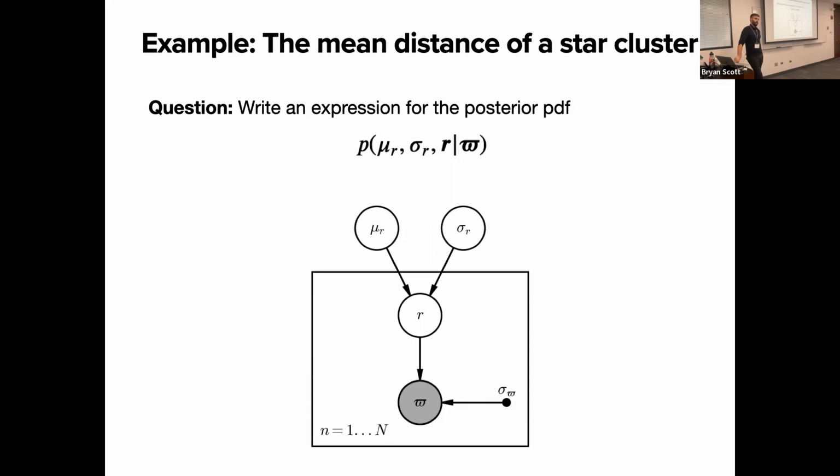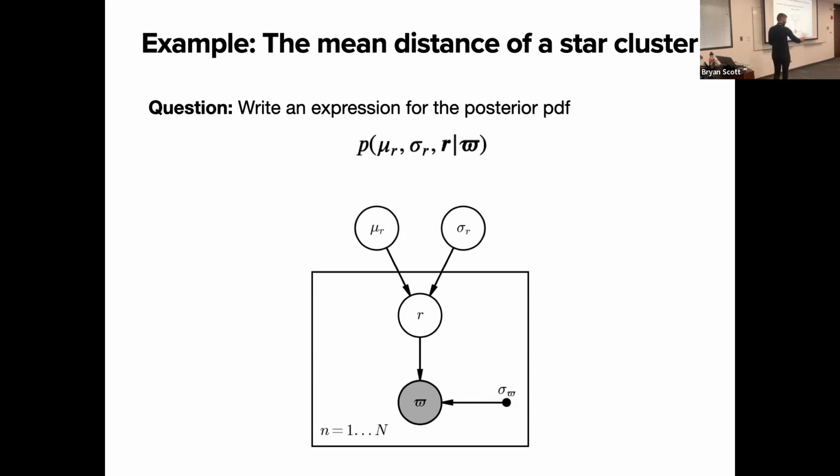The comment was that if R and the parallax are related through a distribution, R can also have its own intrinsic distribution. Yeah, and that's what makes this a population or a hierarchical model.